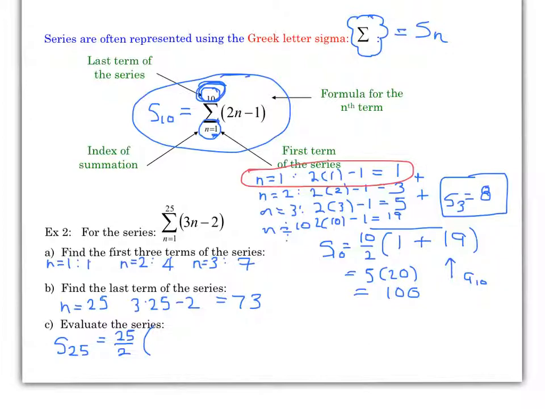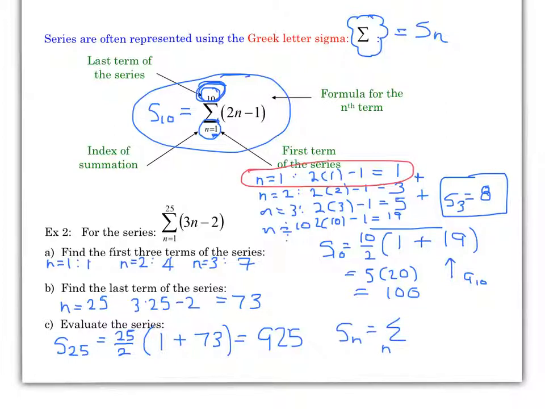The first term, which is when n was 1, plus the last term, that's when n was 25. And so we have here the final answer, I do have it worked out, is going to be 925.